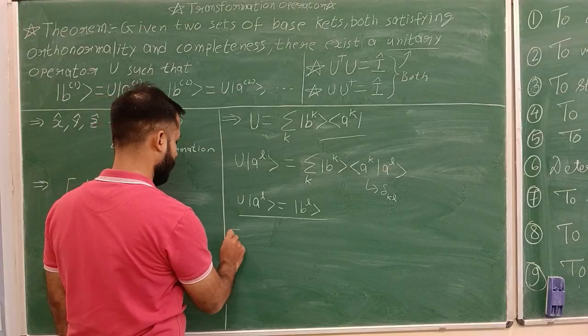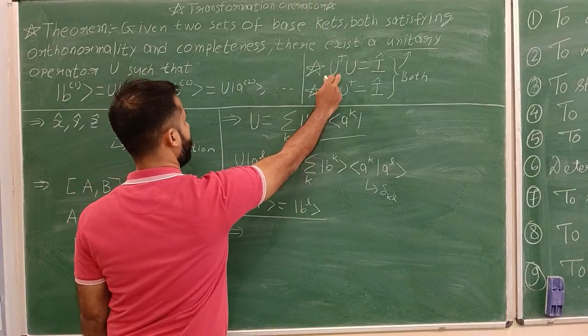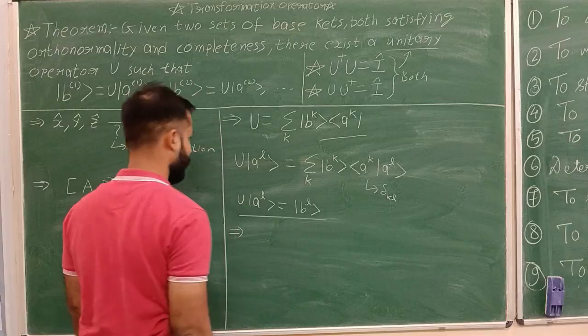We also have the demand that U dagger U should always be an identity operator.